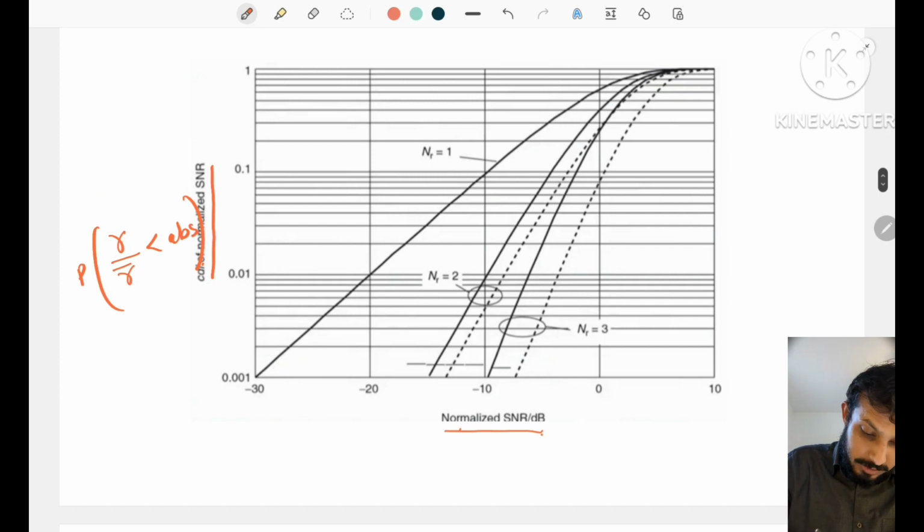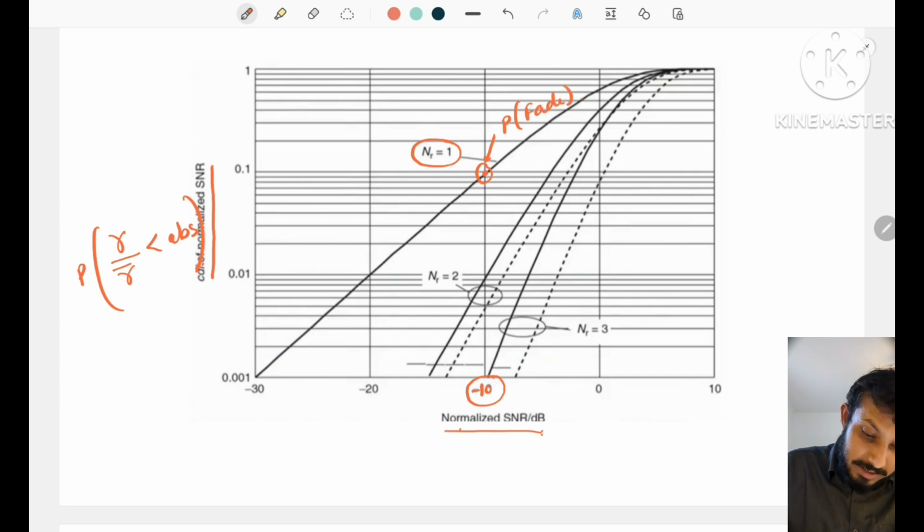Now what to look for in this plot is that, let's say we have gamma equal to -10. The probability that it will achieve -10 when we have one antenna at the receiver is 0.1. So there is a 0.1 probability that it will be in fade.